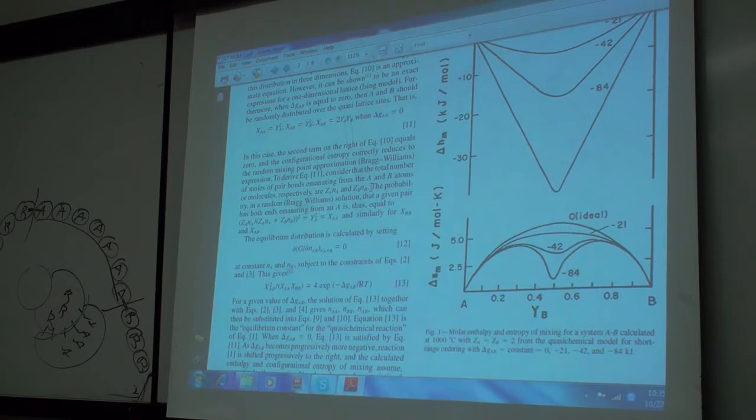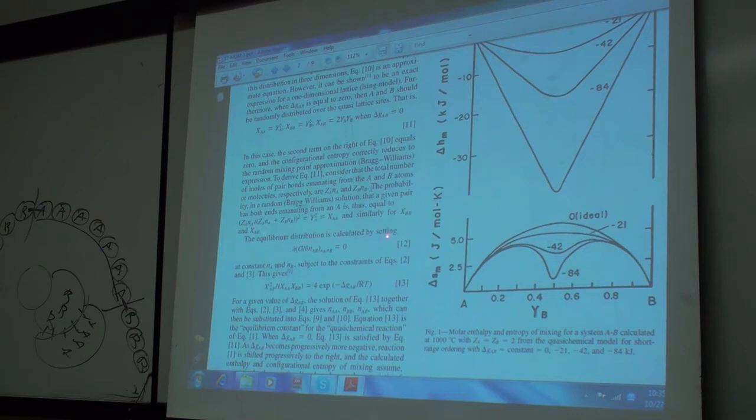Think about it. This is the total number of pairs you've got, and this is the number of pairs that are coming off A. So the total number of pairs coming off A divided by the total number of pairs, squared, gives you the probability. And similarly for XBB and XAB.